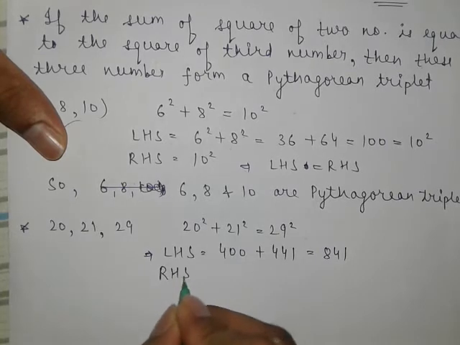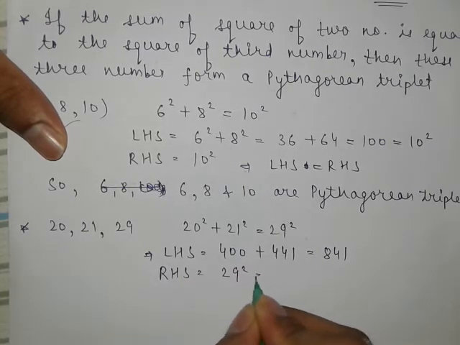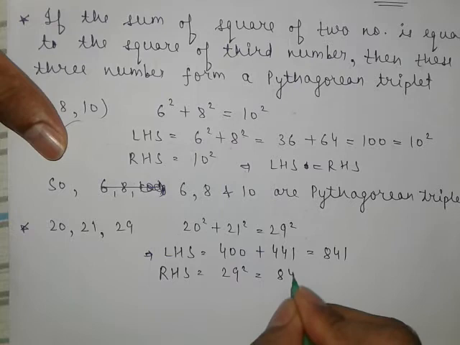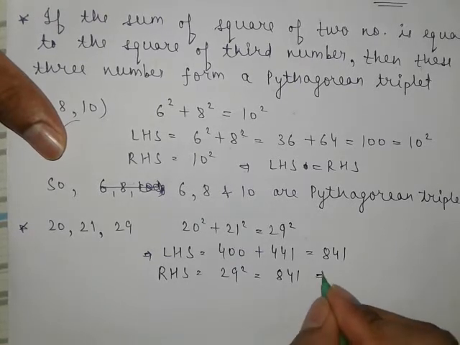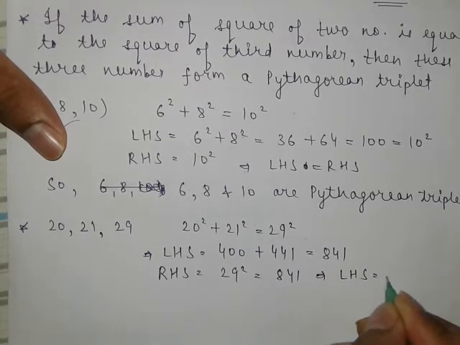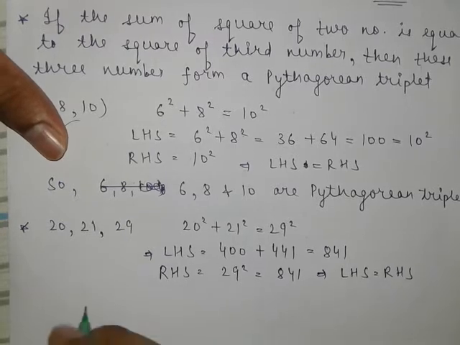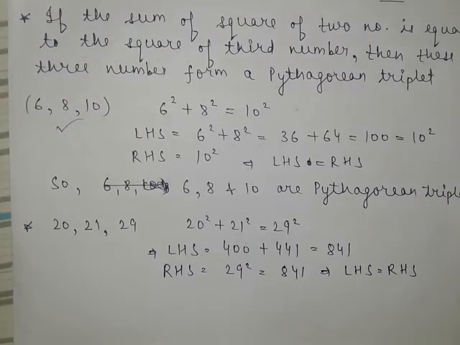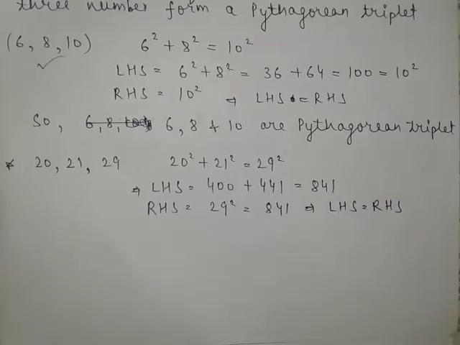RHS is 29 square, which is 841. So you see LHS equals RHS. So we will say that 20, 21 and 29 is a Pythagorean triplet.